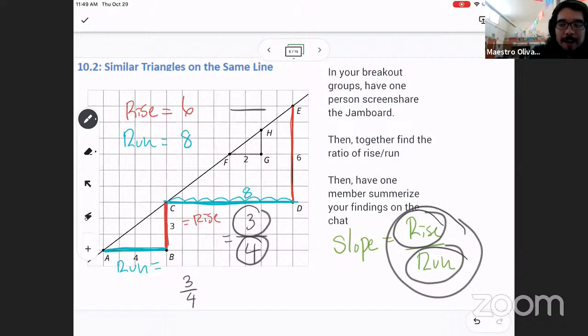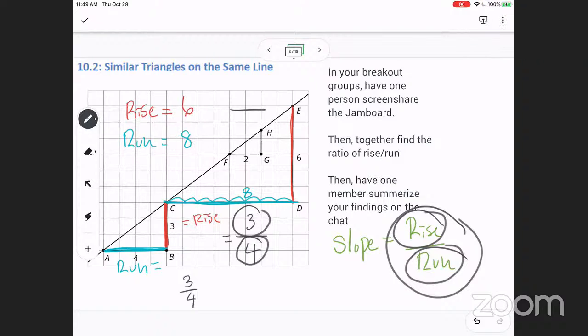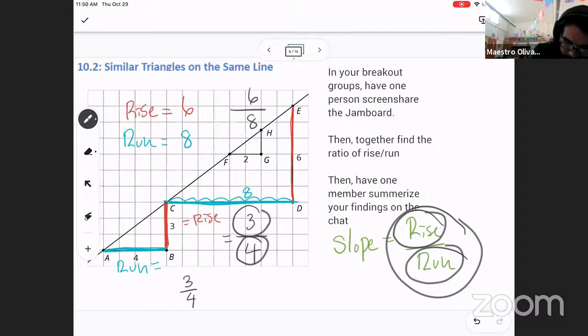I heard somebody say it in the background. Brian, can you say it? 6/8. Yeah. Remember, it's the rise over the run. So you take the rise, ¿cuánto sube el triángulo? And you divide it by the run. ¿Cuánto corre el triángulo?